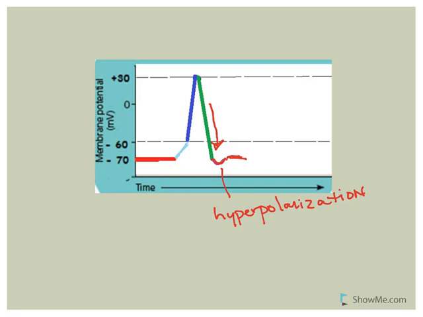We get back to where we started with those sodium channels, and when the activation gates of the voltage-gated potassium channels close, you're no longer going to see potassium moving across.